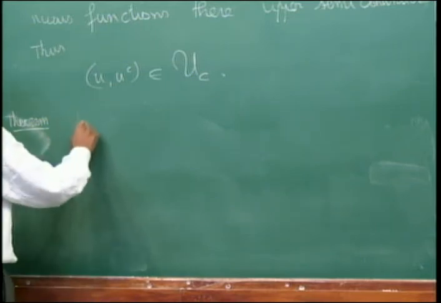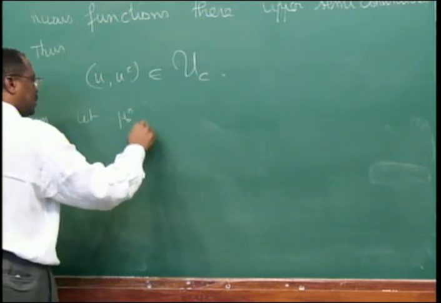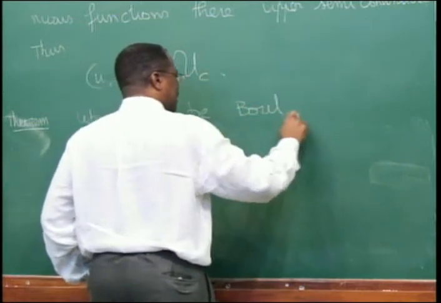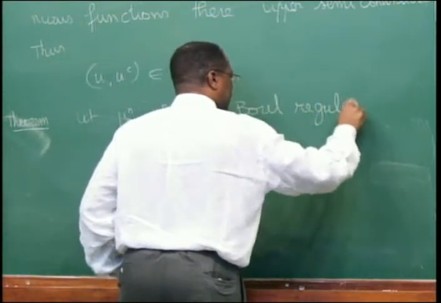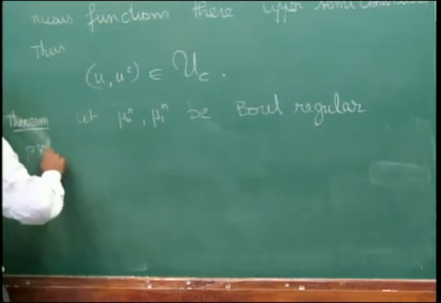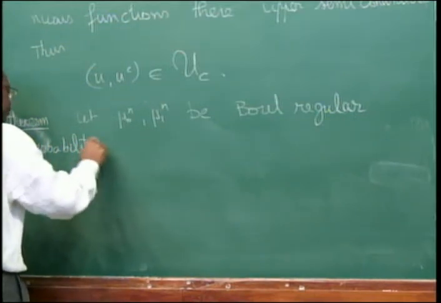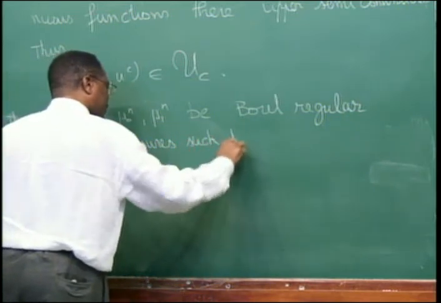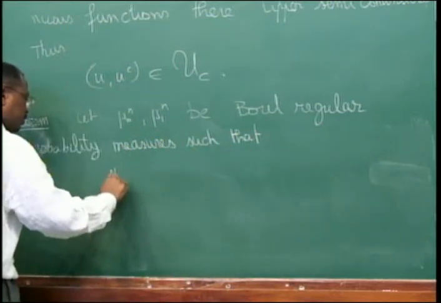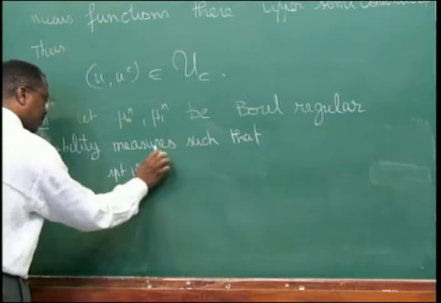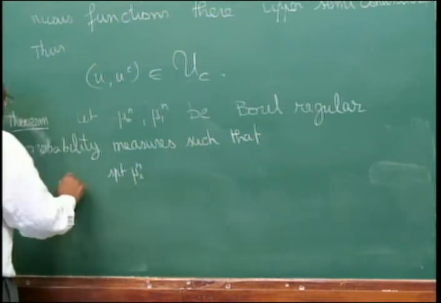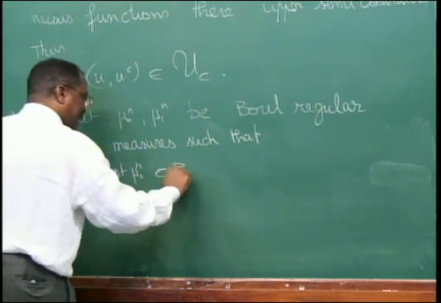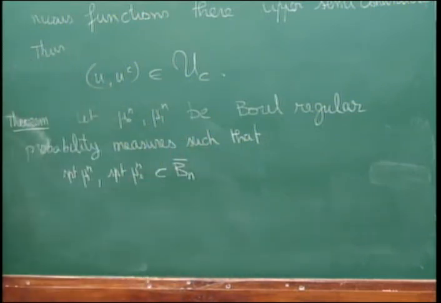So let mu naught n, mu1 n be Borel regular probability measures such that the support of mu naught n and the support of mu1 n are in the ball of center 0 radius n.